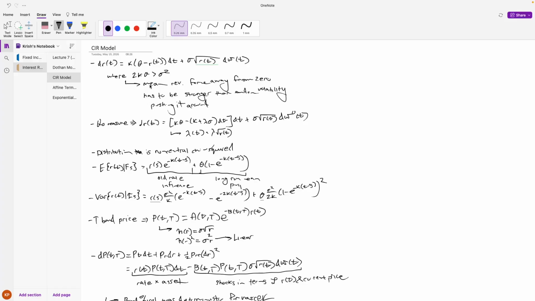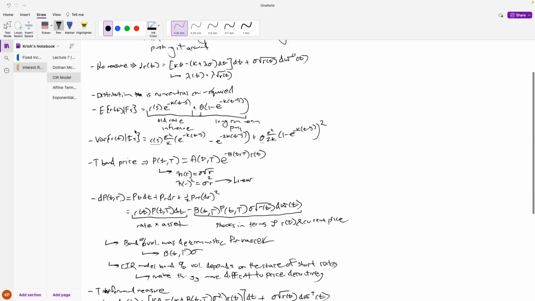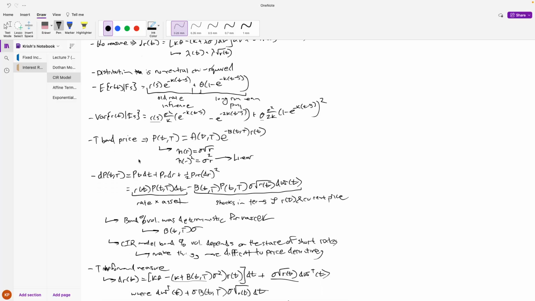We do keep all the properties of Vasicek like affine term structure, we keep tractability, we keep strong mean reversion. The only issue is that we have issues with the dynamic of our T-bond, which depends on short rates. It depends on the state of our short rates, how they also move. And that just makes it difficult to price the derivatives. It's not really an issue, it just makes it more difficult.